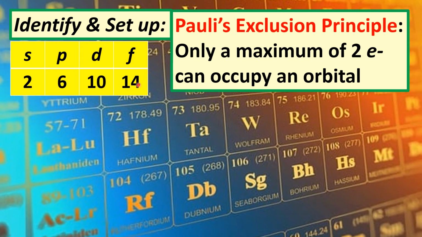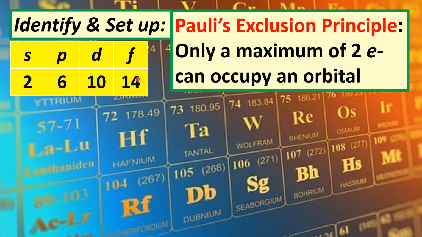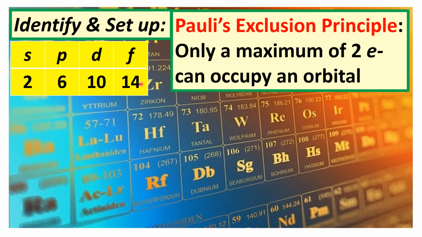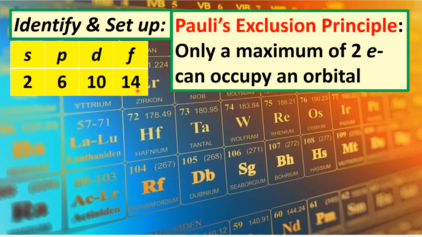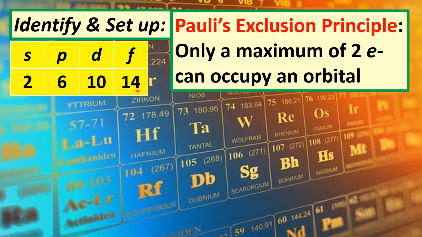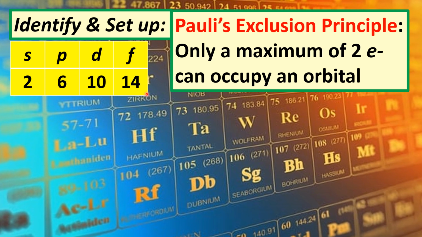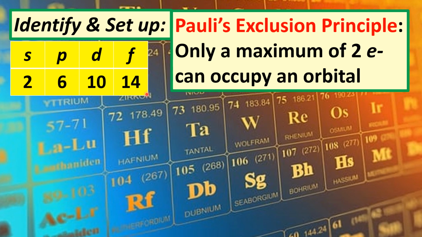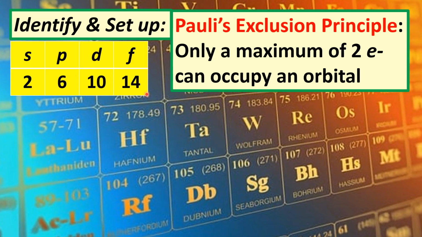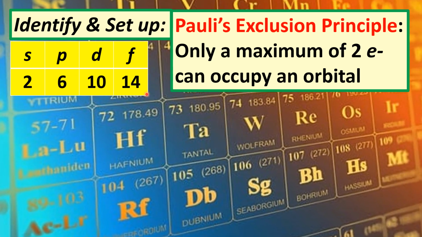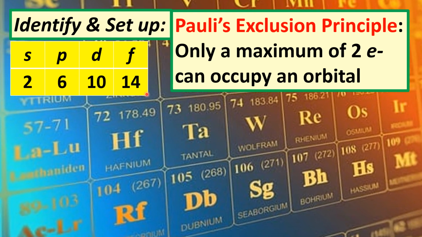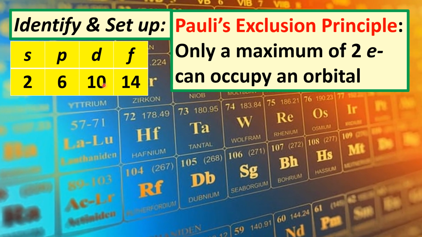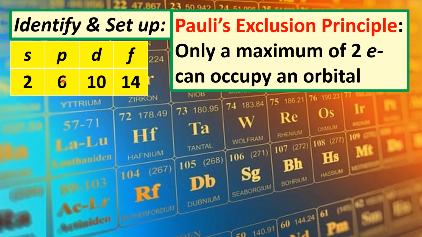Now, for f orbitals, there are 7 different f orbitals. We can differentiate the 7 f orbitals by using the notation fx, fy, fz, fxy, fxz, and so on, until you have the 7 different notations for the f orbital.